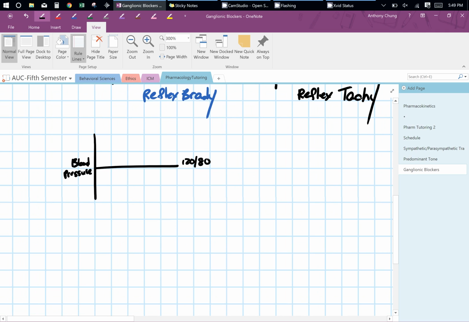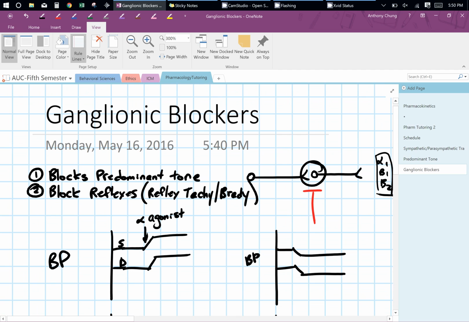So what happens if I gave you a ganglionic blocker? Does your blood pressure go up or does it go down? It eliminates predominant tone. If you eliminate alpha from the equation, alpha usually constricts, usually brings the blood pressure up. But wait, did I mess up? Did I mess up?